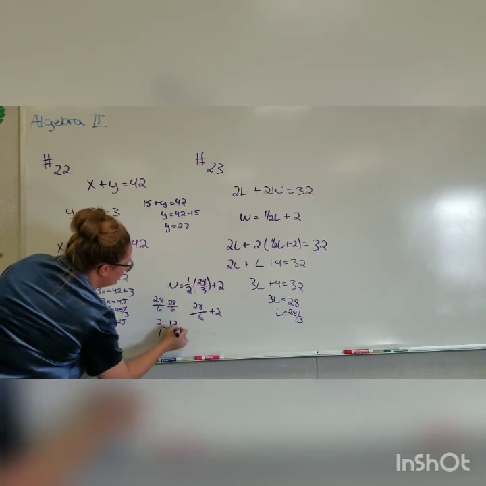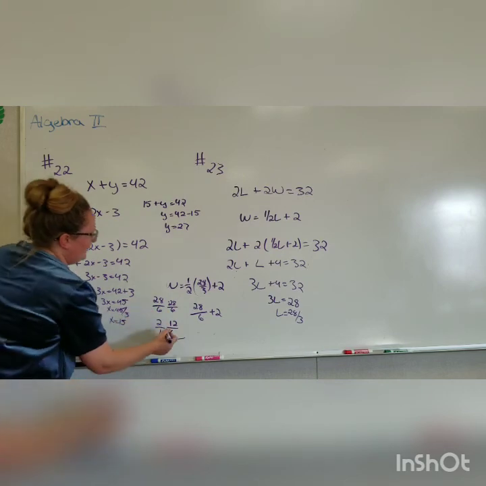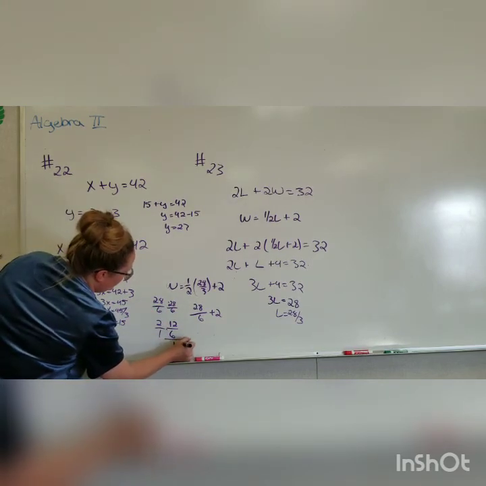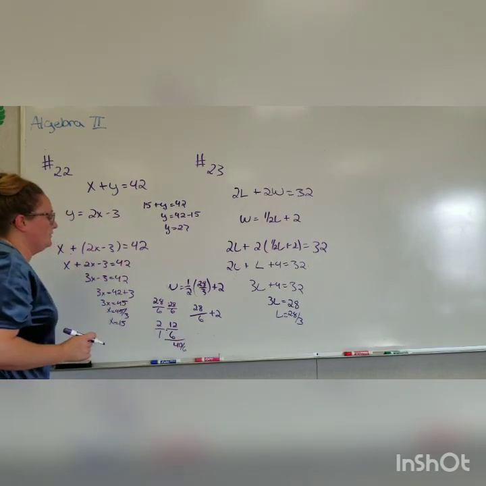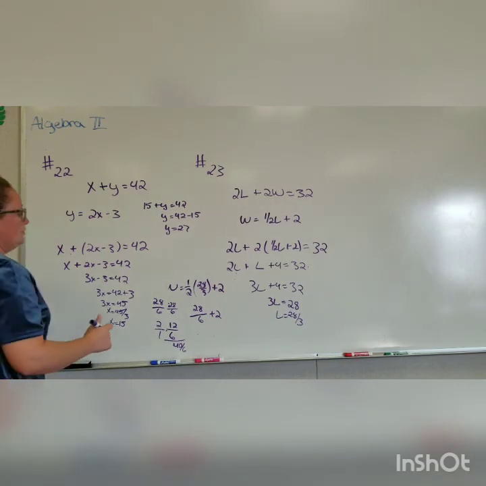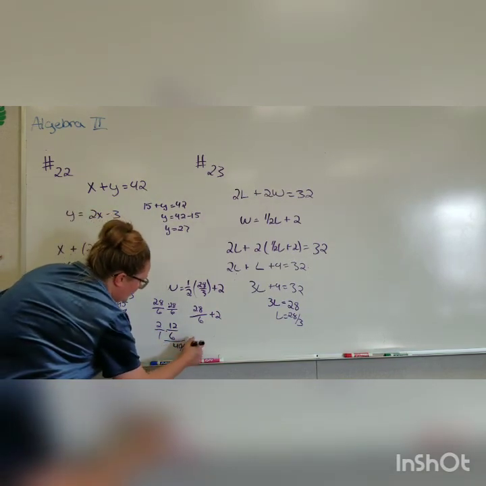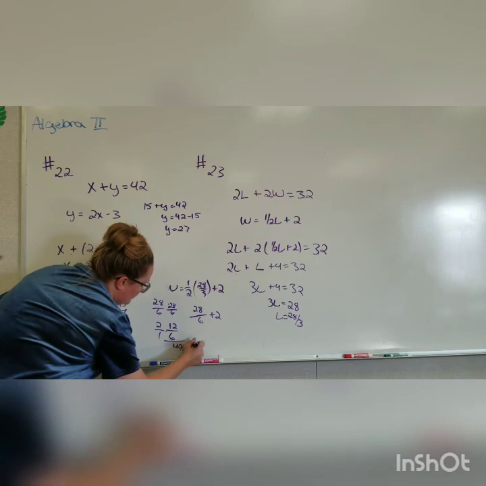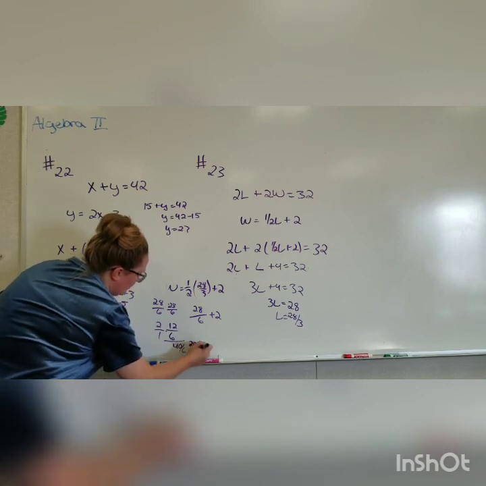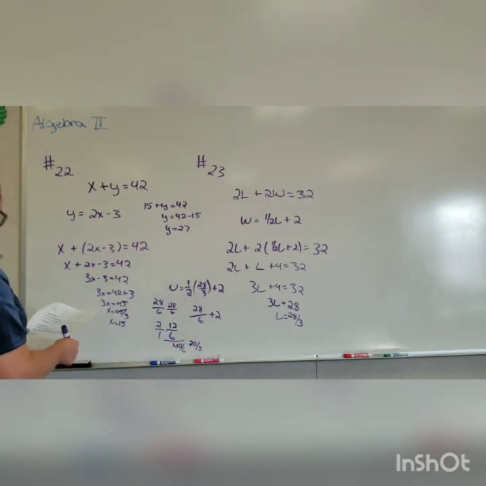Add your 28 plus 12 is going to be 40 over 6. 40 over 6 would reduce. 2 goes into 40 20 times, and 2 goes into 6 3 times. 20 over 3.